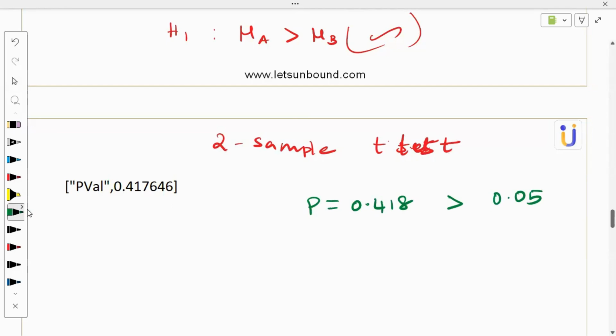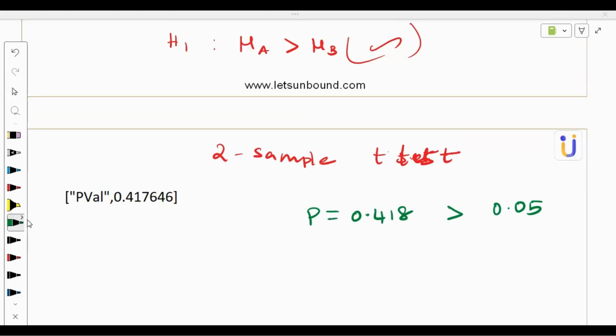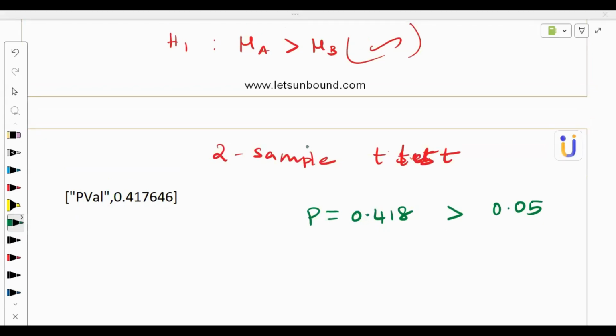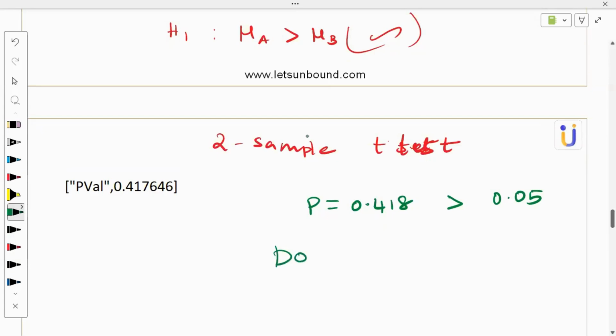So what should I do in this case? While testing, if you got p greater than the significance value, we should not reject the hypothesis, that is H naught, particularly here. So do not reject H naught. That is the test result.